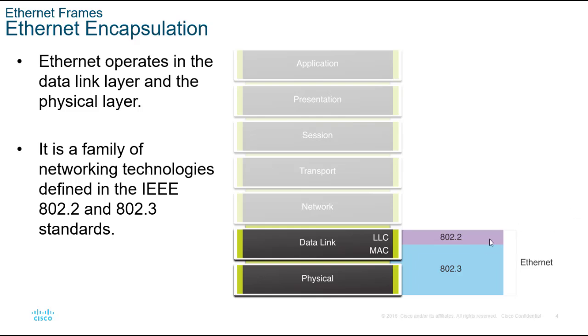The IEEE 802.2 standard defines Ethernet at the logical link control or LLC sublayer of the data link layer, and the IEEE 802.3 specification defines Ethernet at the media access control or MAC sublayer and the physical layer. Ethernet supports data bandwidths ranging from 10 megabits per second to 100 gigabits per second.